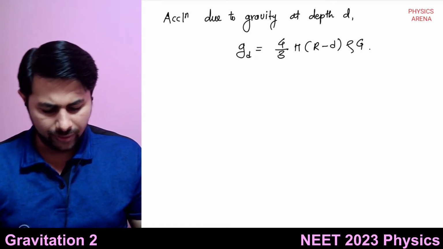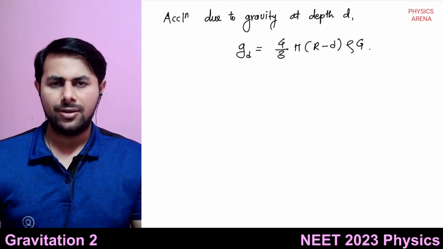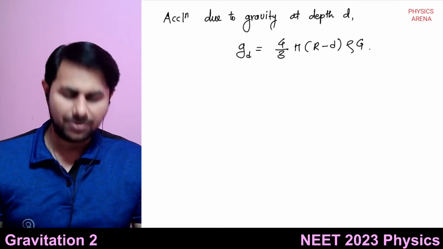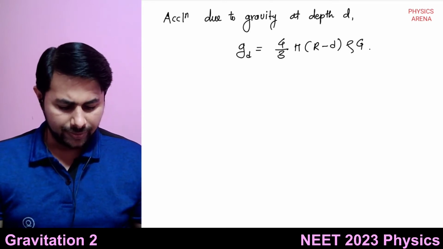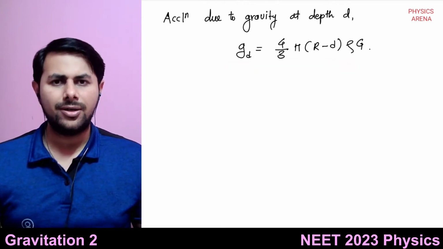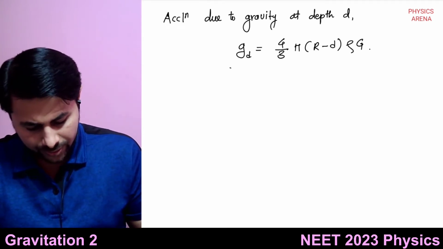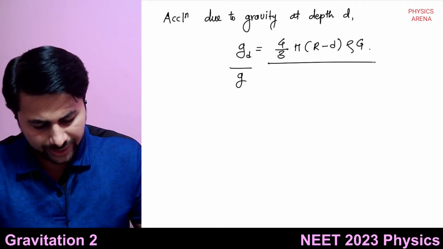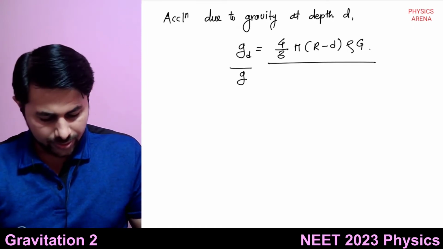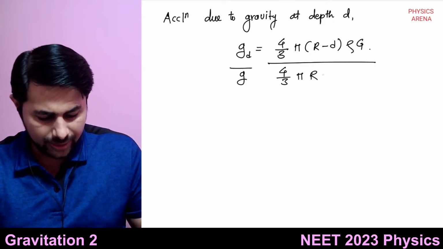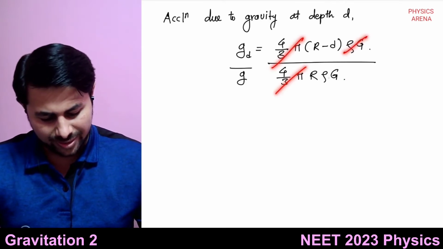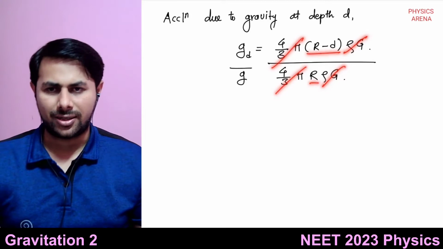Just like what we did in the case of acceleration due to gravity at some height, we'll do the same thing for depth. We divide this by the acceleration due to gravity on Earth's surface, so let's divide by g. Everything gets cancelled except for r minus d upon r.